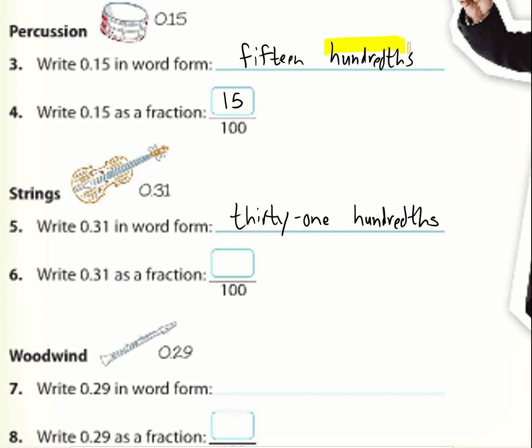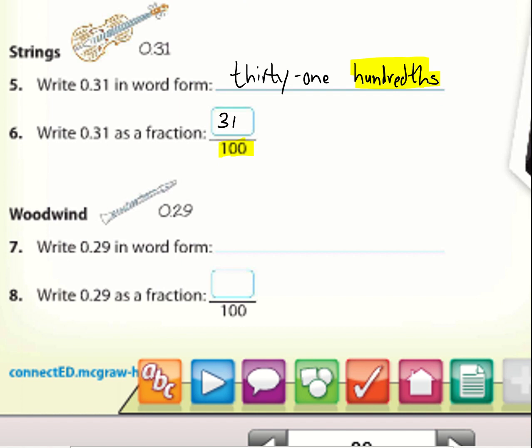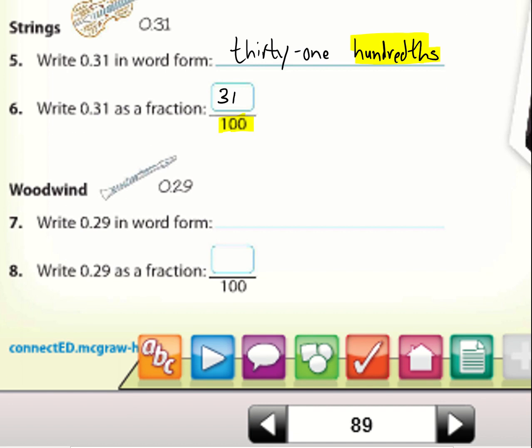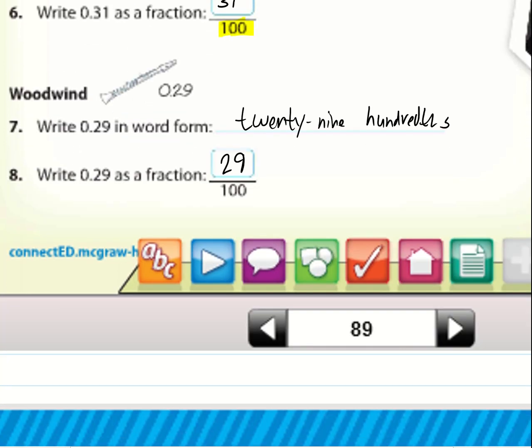And if you guys notice, same thing, our hundredths corresponds to the 100 in the denominator. 31 out of 100. Woodwind, write 29 hundredths as a fraction. So we have 29 out of 100.